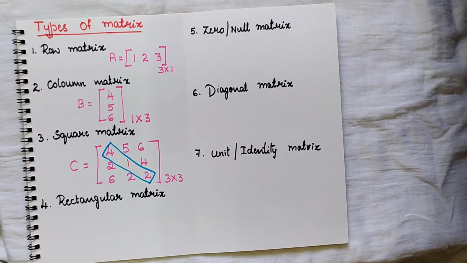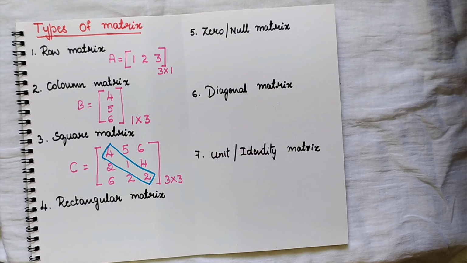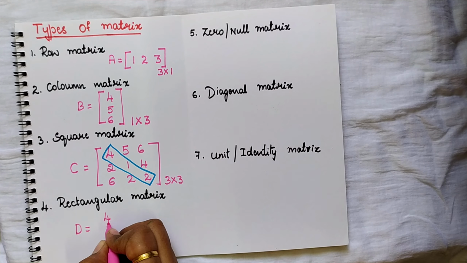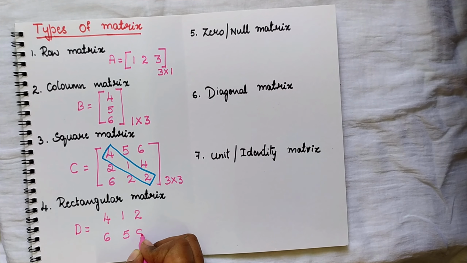The next type of matrix is rectangular matrix. In a rectangular matrix, the number of rows and number of columns are not equal. Maybe the number of rows may be more, or the number of columns may be more. D is equal to 4, 1, 2, 6, 5, 8.